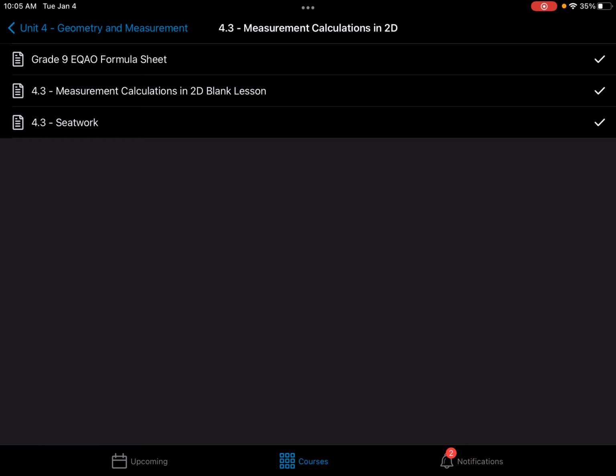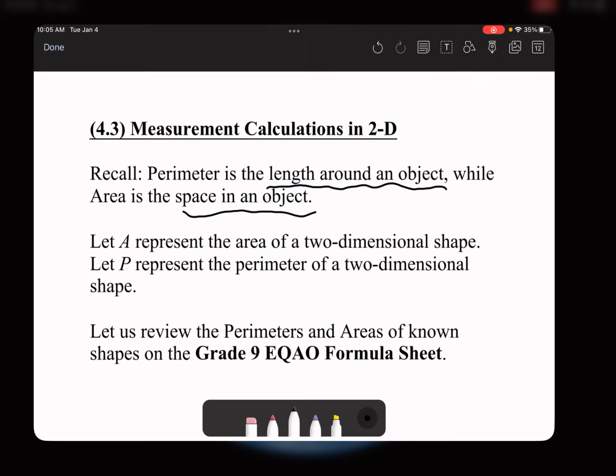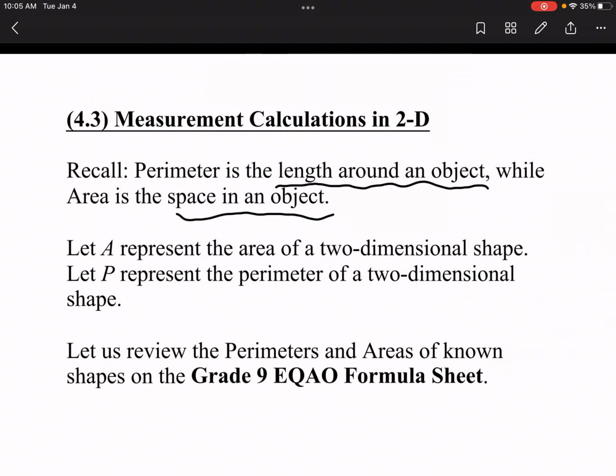Okay, so I'm going to close these. I'm going to go back to our lesson. Okay, so we're going to use these to determine perimeters and areas of composite shapes, which are basically multiple shapes added or subtracted from each other.